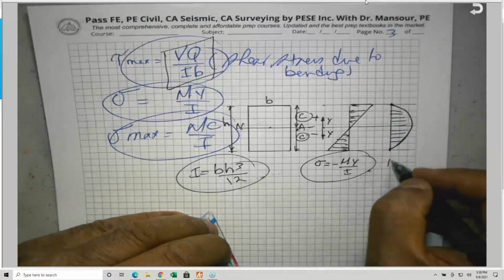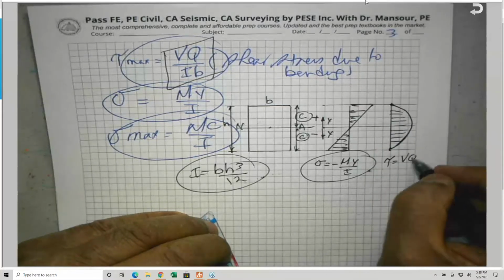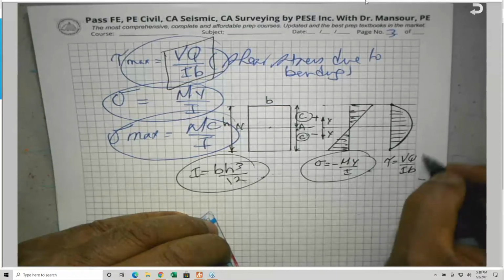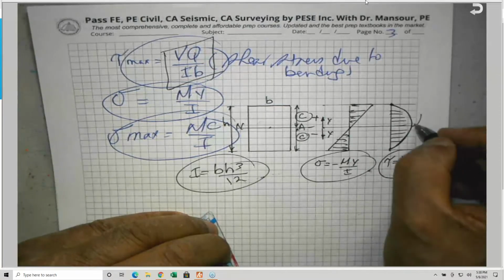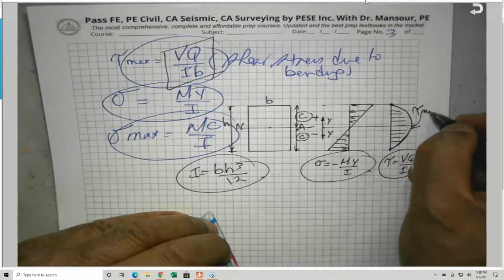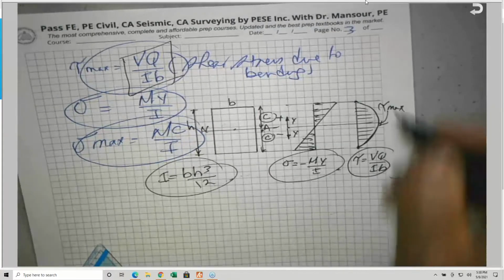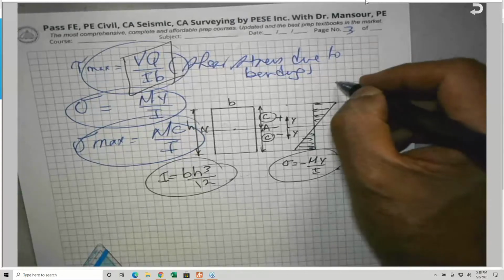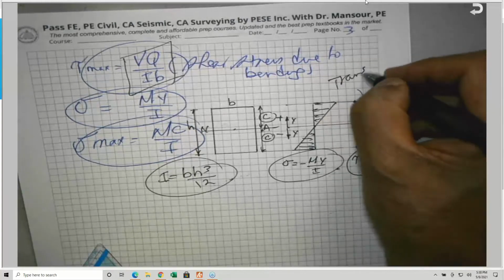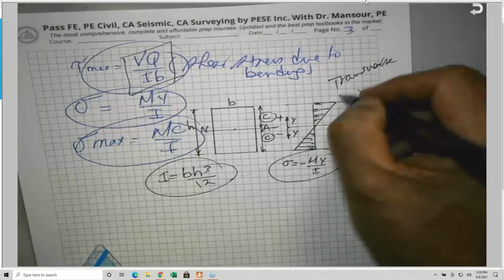This came from tau is equal to VQ over IB. And tau max is here. The maximum shear stress, called horizontal or transverse shear stress.